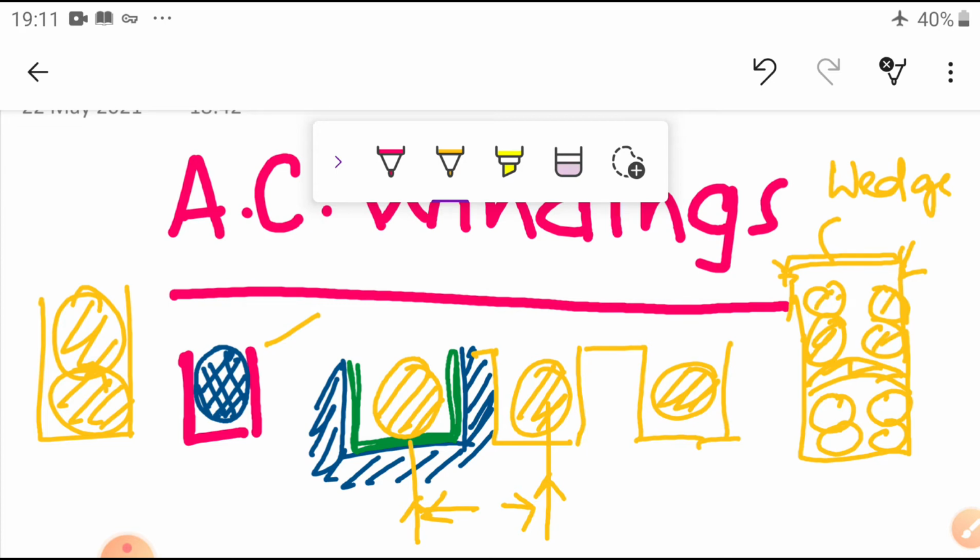Okay, so whatever the winding, whether it's single layer, double layer or multi layer, we are going to calculate the slot pitch angle. In AC it is very important.